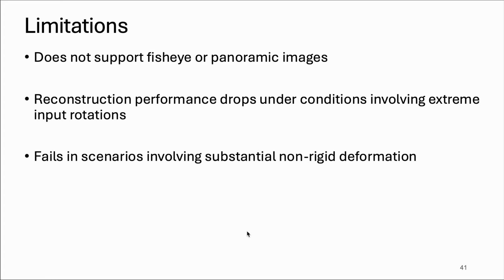Finally, the authors also provide 3 limitations of this algorithm. First, it does not support fisheye or panoramic images. I think that is not a big concern, because why didn't it support fisheye?